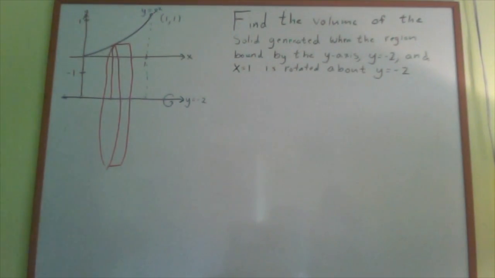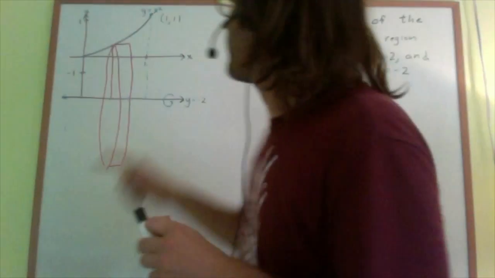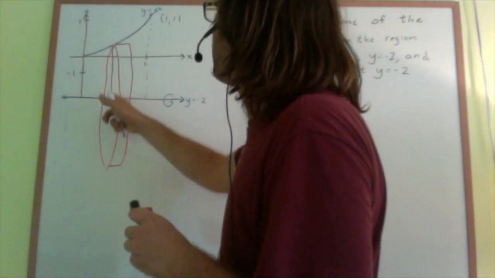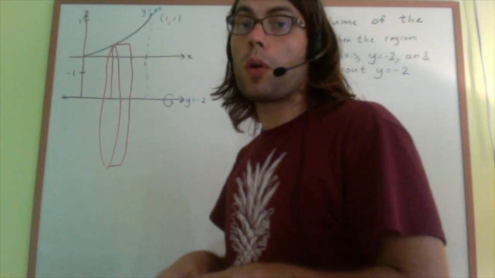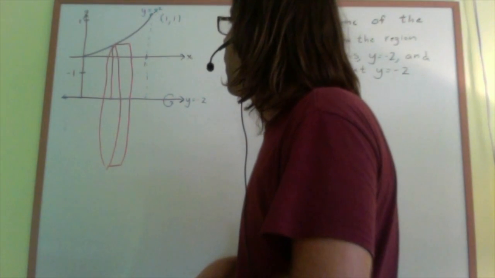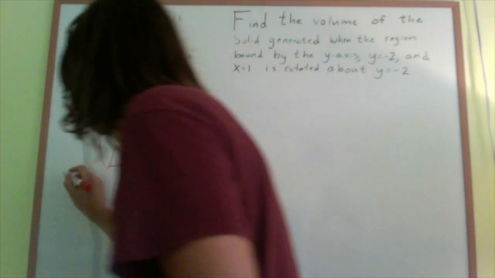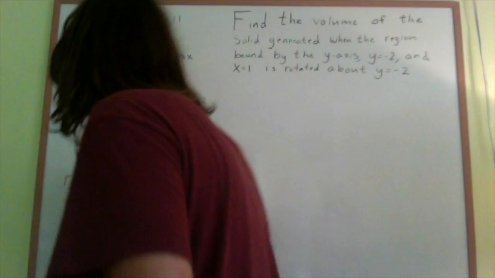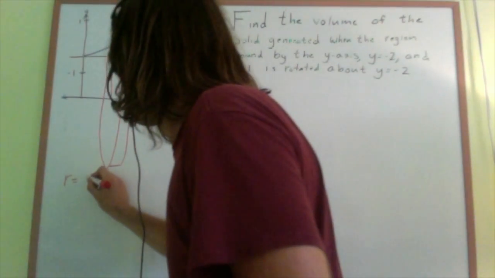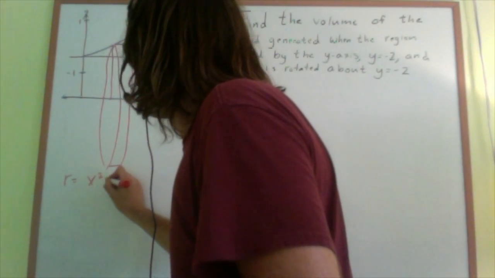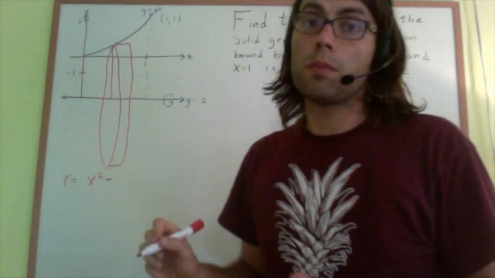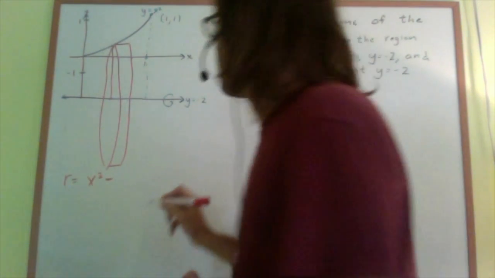And the way kids usually approach this is they do top minus bottom. So in this case, R is going to equal the top, which is x squared, minus the bottom, which is -2.